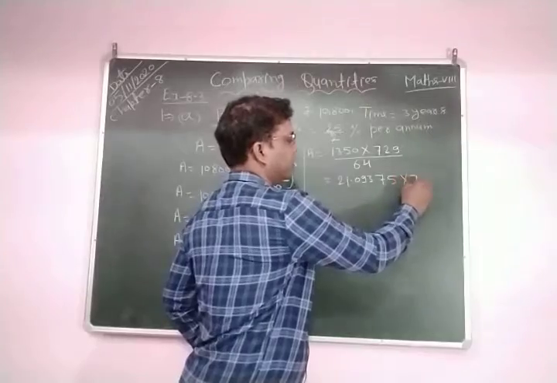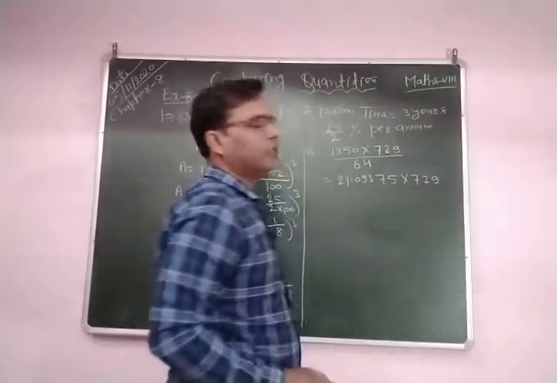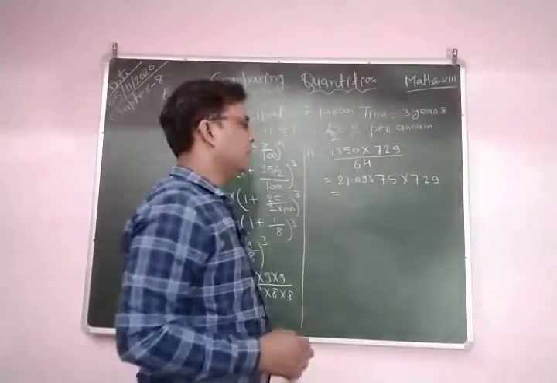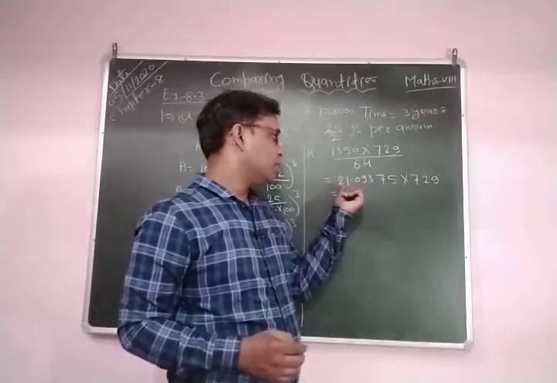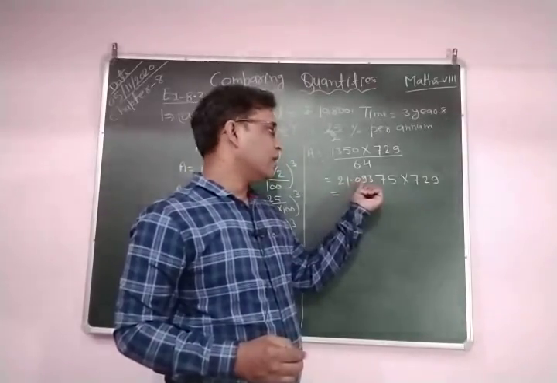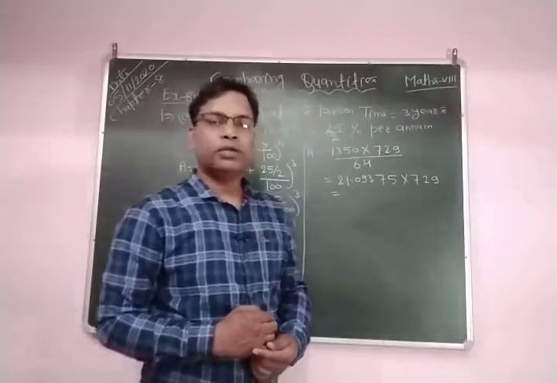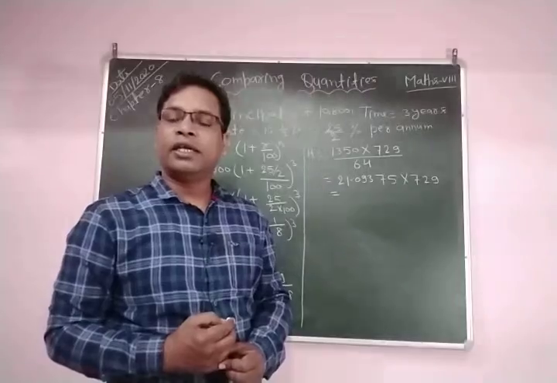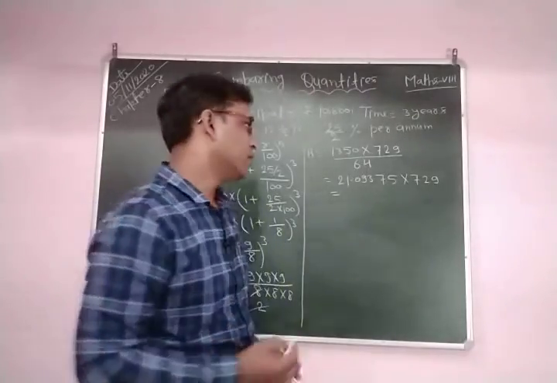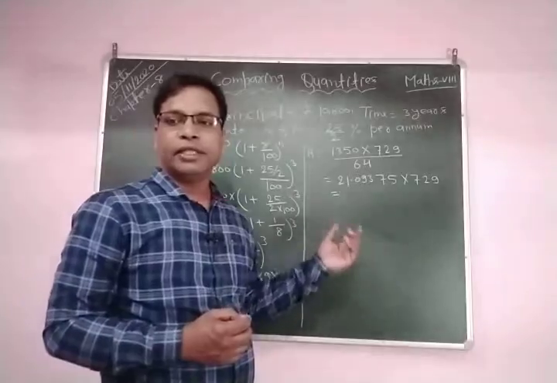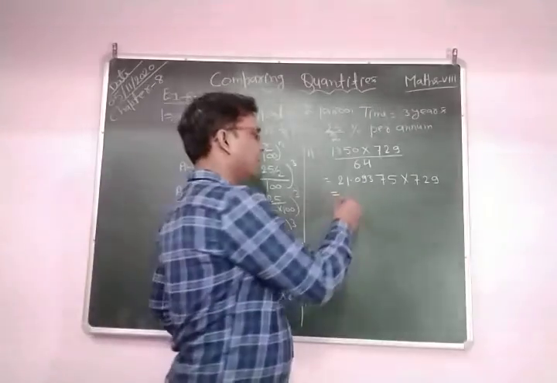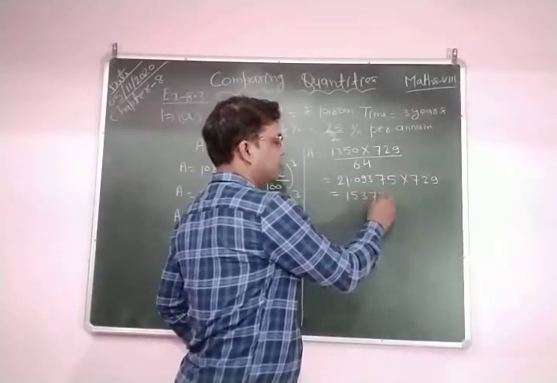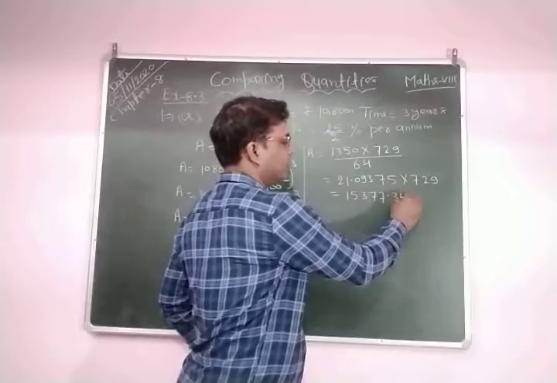into 729. This is clear. After this, if you multiply 21.09375 by 729, then you obtain 15,377.34.